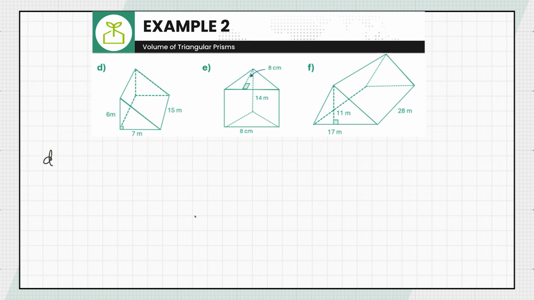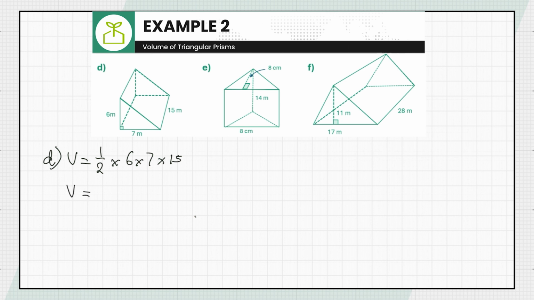Alright, let's get started with D. For D, our volume is going to be equal to half multiplied by 6 multiplied by 7 multiplied by 15. Our volume can be simplified further if you would like.